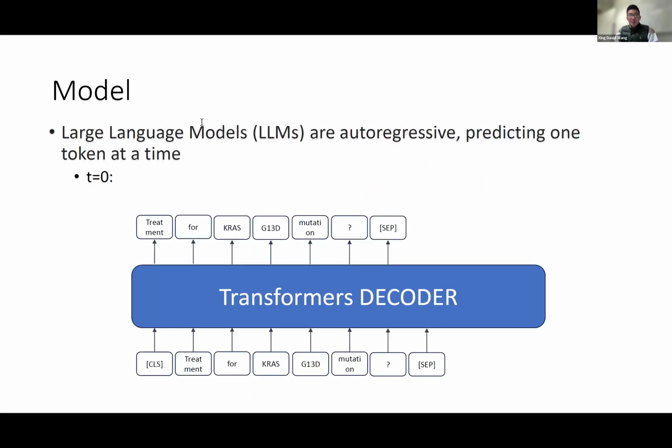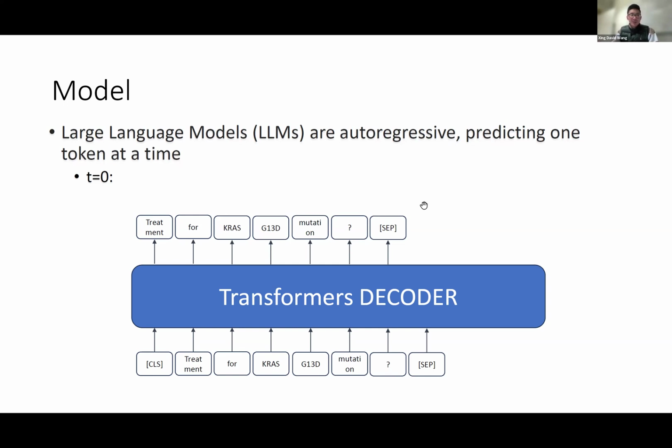I really want to give a quick background on how large language models actually work, so that we can understand and better assess what they are producing. ChatGPT and all other similar large language models, like Llama, are autoregressive and always predict one token at a time. So they are modeling language one step at a time.